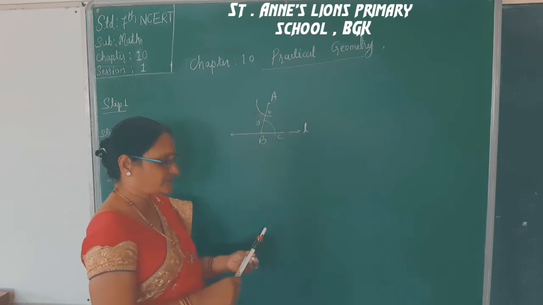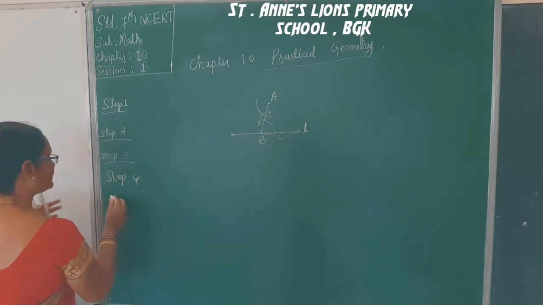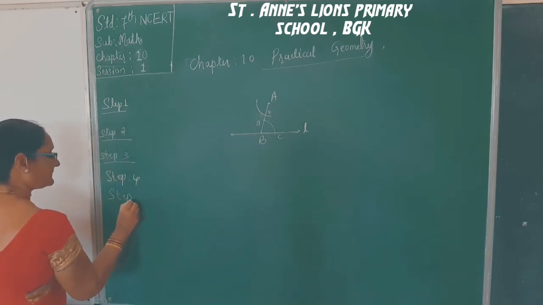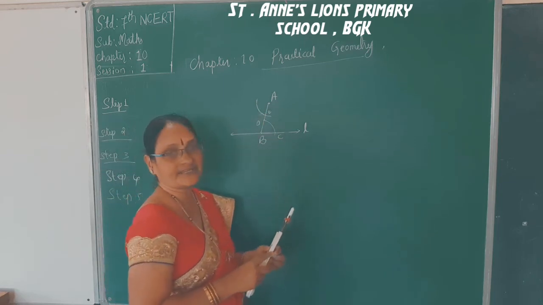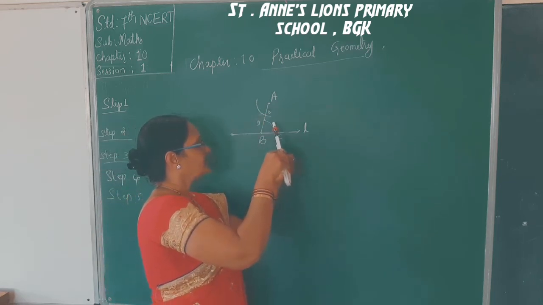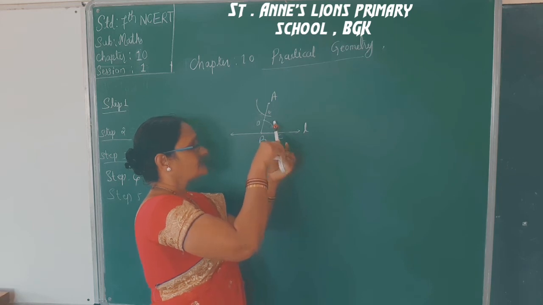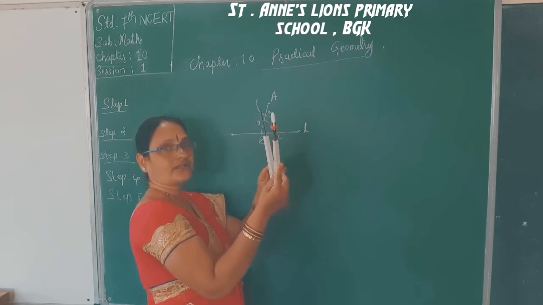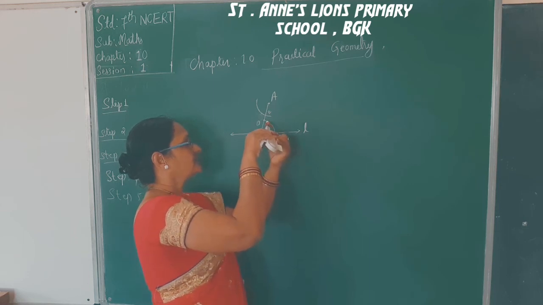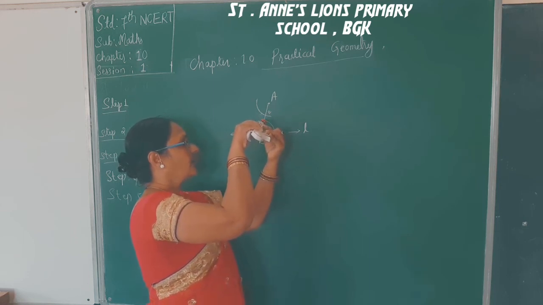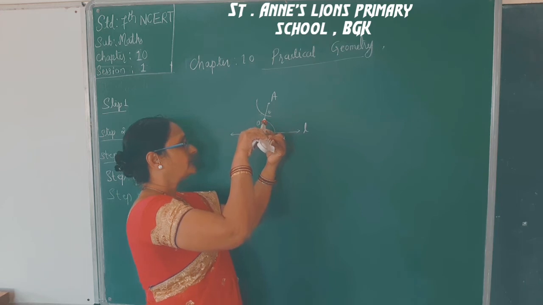Now, the next step, that is step 5. Step 5, you just measure the arc CD. How much is the CD? Just you measure it. One point C, this tip of the compass you keep on the C and then just extend to D. How much is CD now?